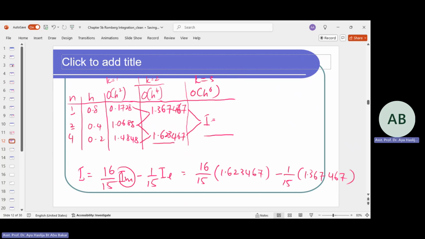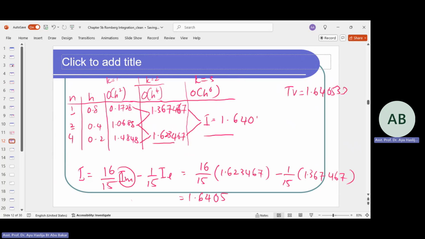Try to calculate what you get. 1.6405. Okay, we know that the true value is that value as well, 1.640533.